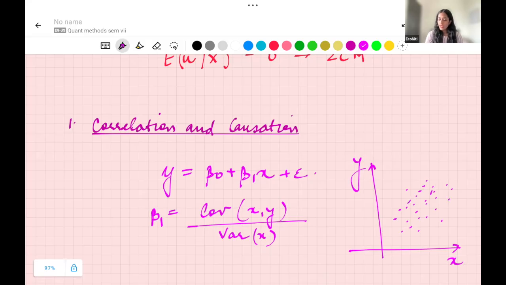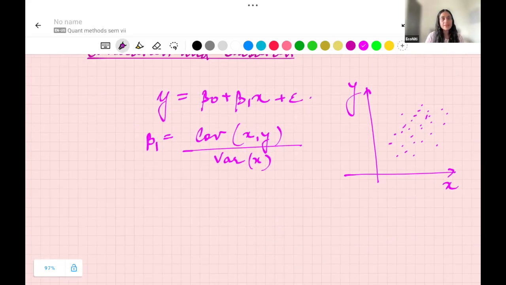In this graph, suppose the x variable was NEP, this was your NEP variable, and here the x variable was either your marks or your gender or whatever. We tried to plot it along different dimensions.